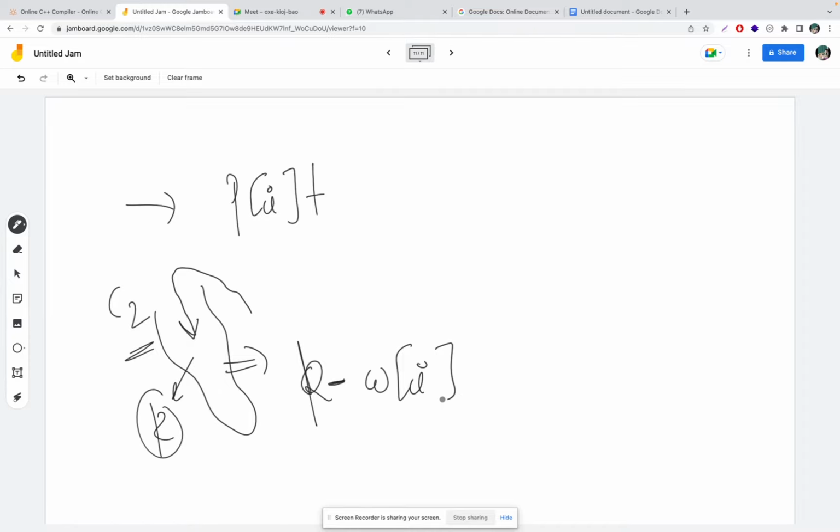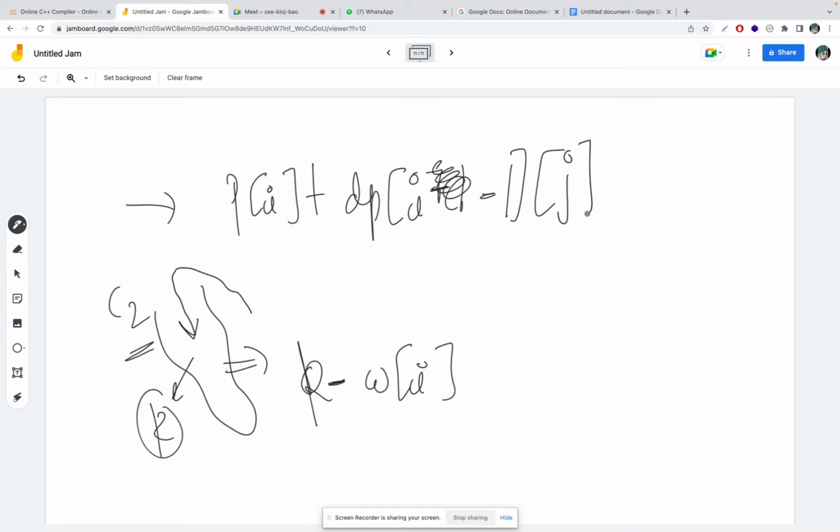K minus W of I. The capacity was K, right? So what will be that state? DP of I minus 1, then J, then K minus W of I.